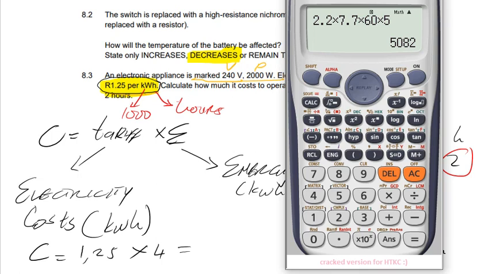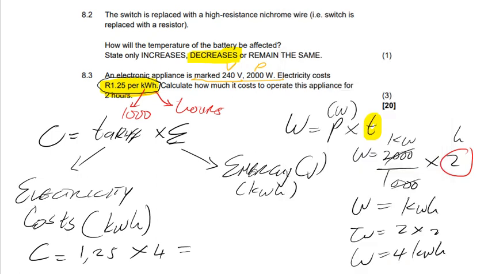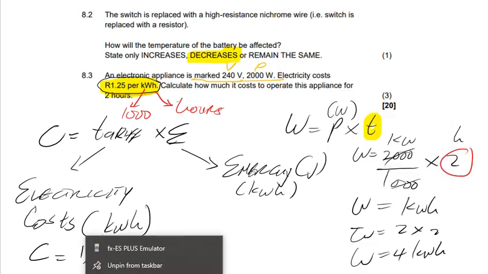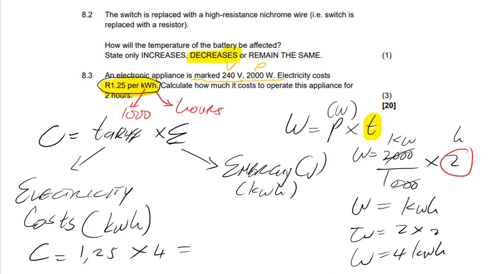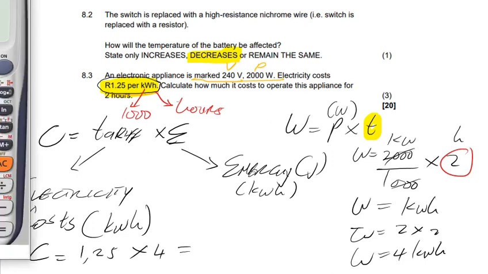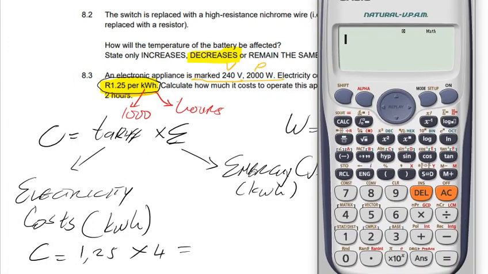So you're gonna have 1.25 times 4. Then you're gonna get 5. So the cost will be 5 rands. This is how much it's gonna cost.